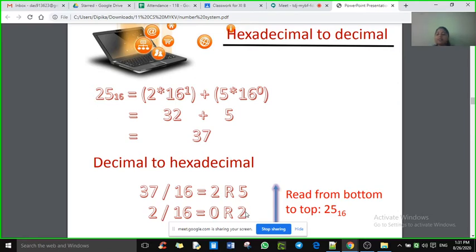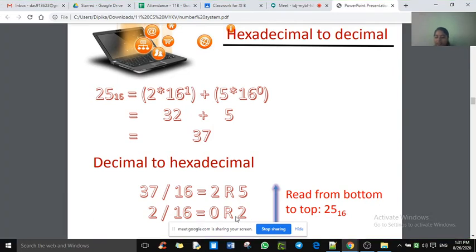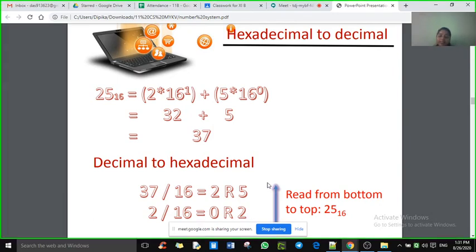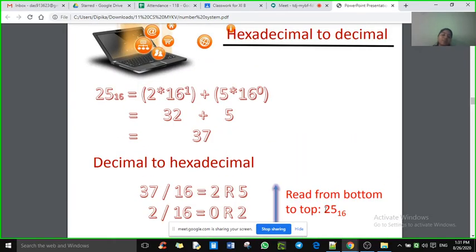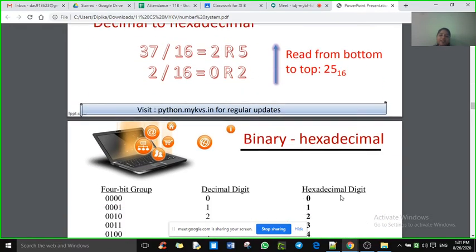And the remainder will be? 2. Now you will collect the remainders in the reverse order. So what will be the result? 2, 5. Correct. So this is the conversion.